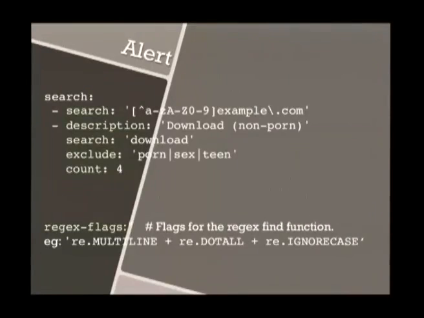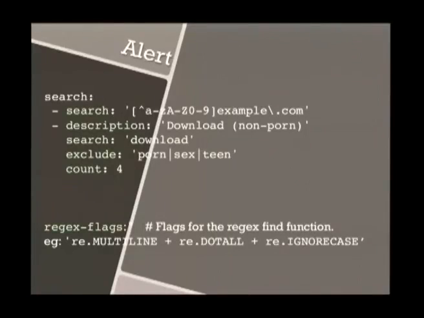So the alerting part is easy. The configuration file is YAML based. We have the search section with two entries here. Many parameters are optional. The first is a simple search for a domain name. It's based on regular expressions, so you can configure it to lower the chance of false positives.